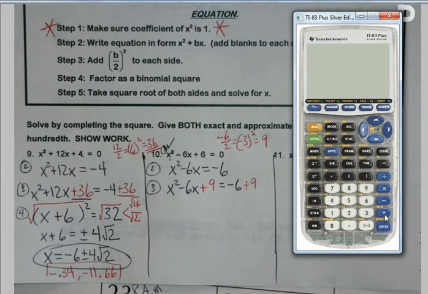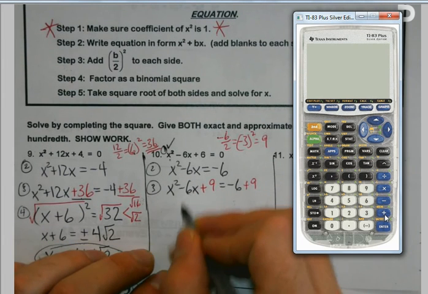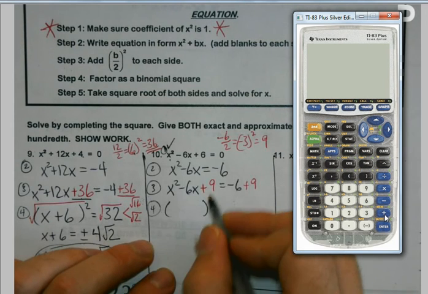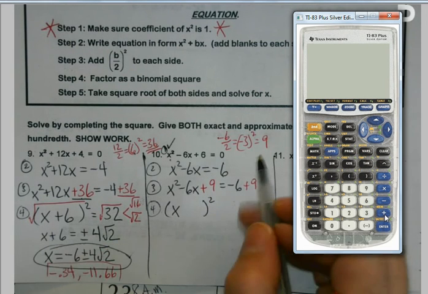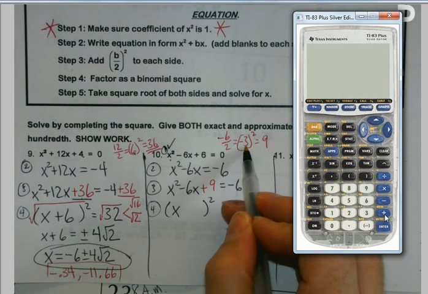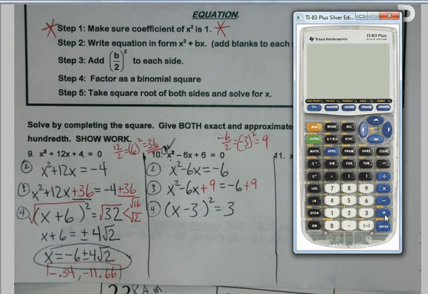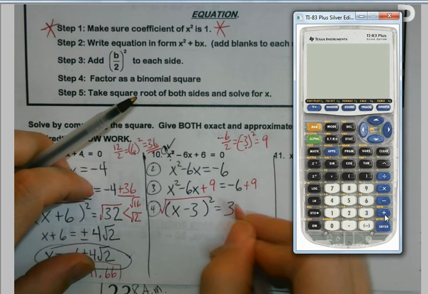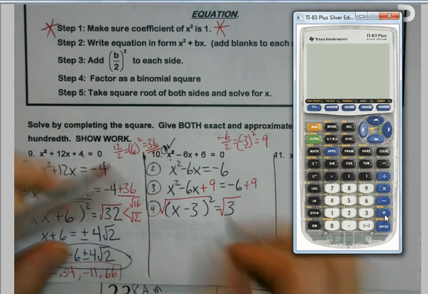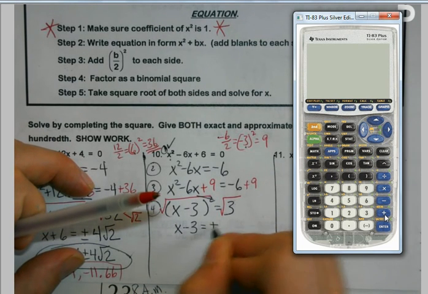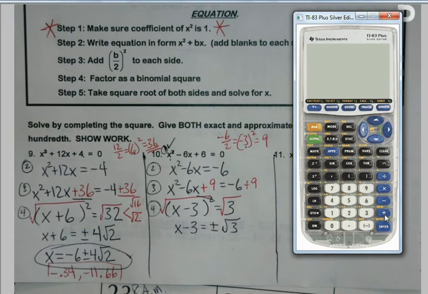My left side's always going to be a perfect square binomial, so I'll get it to my binomial square form, which again, I can either factor this or I can just look at my b divided by 2. Square root it. If the radical doesn't break down, that's okay. But if it does, you better.